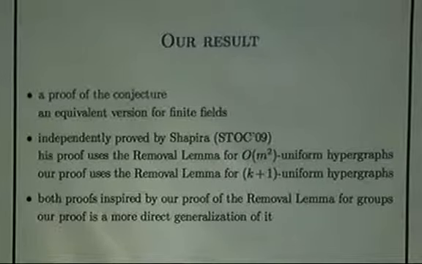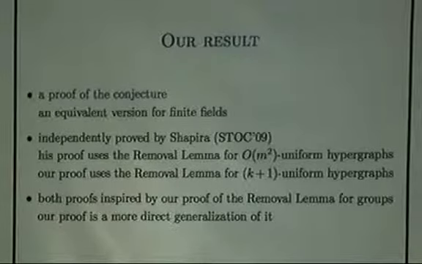As I said, independently of us, the conjecture was proven by Asaf Shapira, who had a paper on it in STOC. He also looks at more algorithmic aspects of it. And both proofs use the removal lemma for hypergraphs.